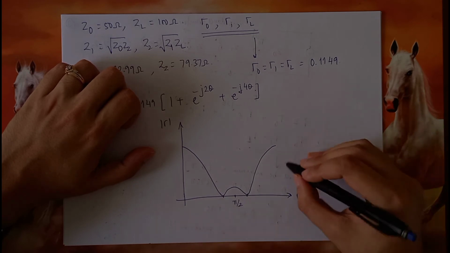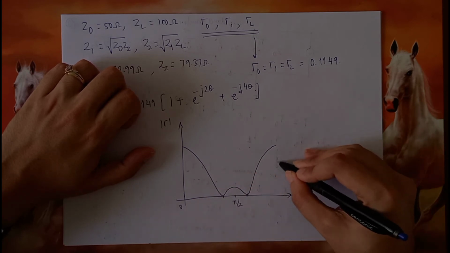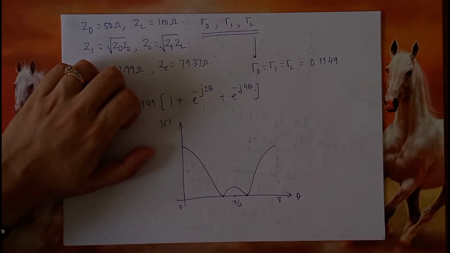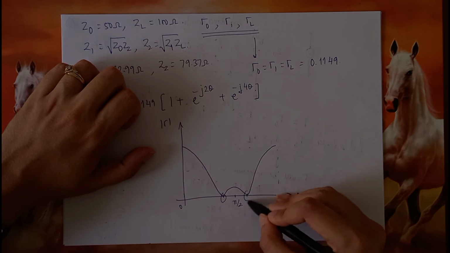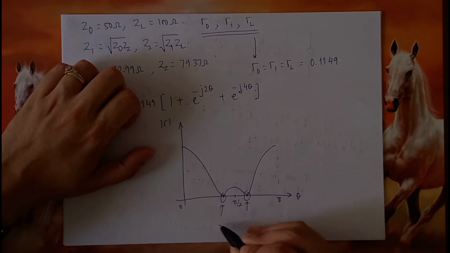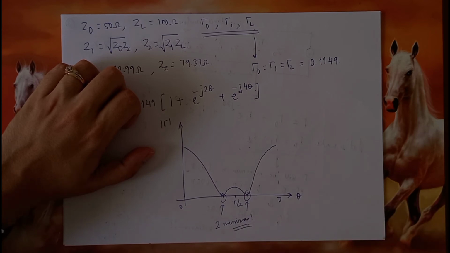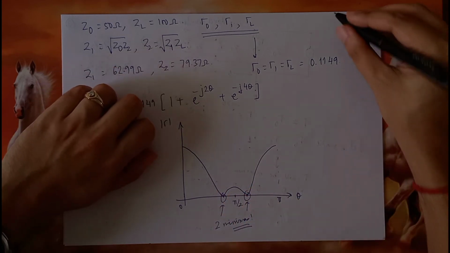So the maxima will again happen. This is 0. The maxima will again happen at pi. So what we are now seeing is that there are two minimas. And our idea of increasing the bandwidth by increasing number of minimas seems to be working.